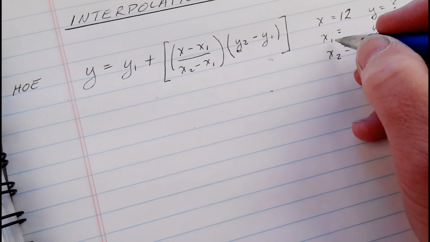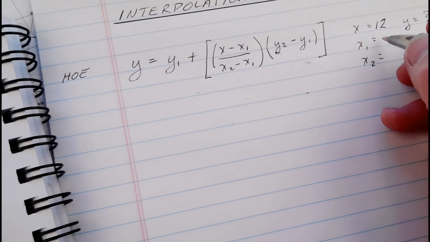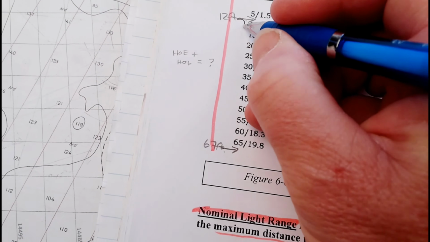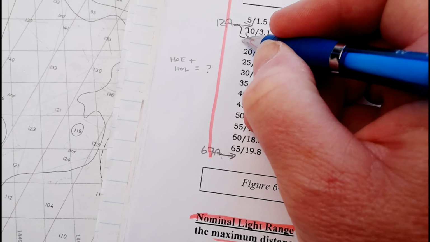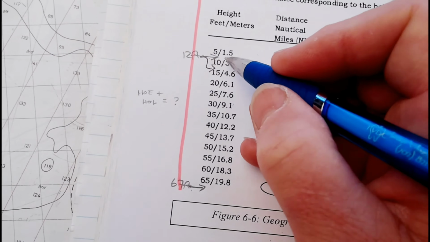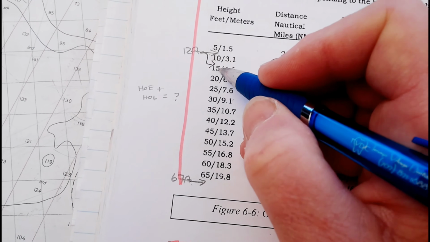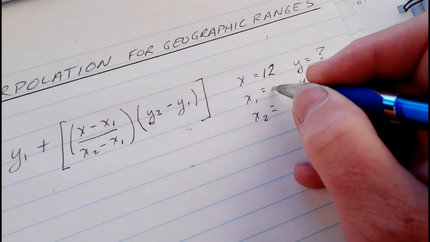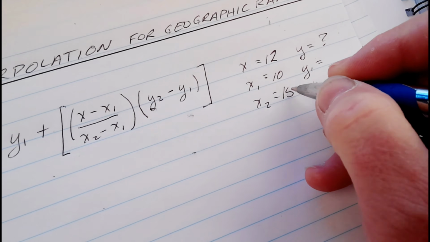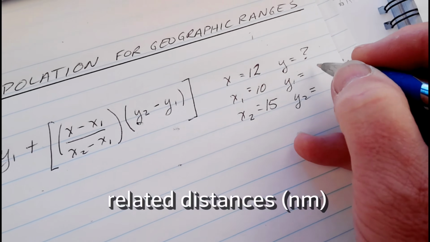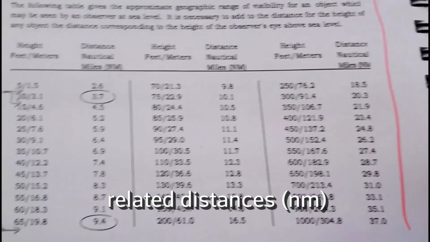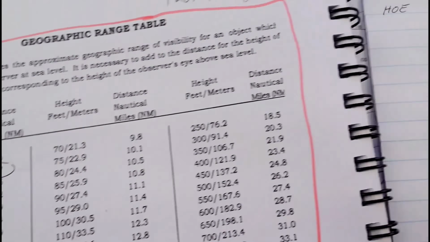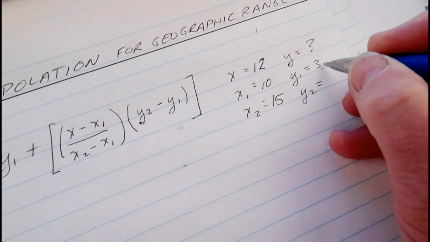Your x1 is going to be 10 and your x2 is going to be 15, and then the related heights for that. Y1 is 3.7 and 4.5 for Y2.